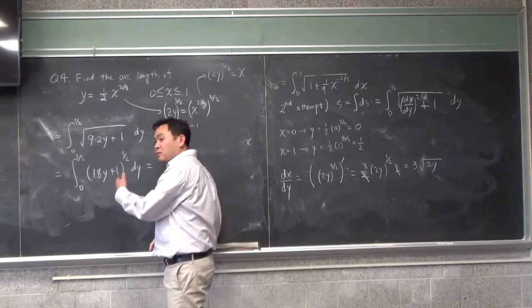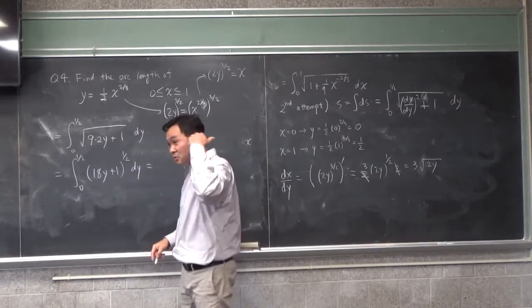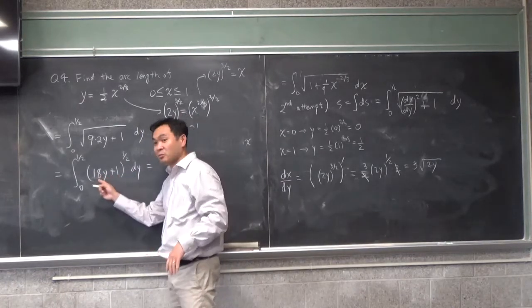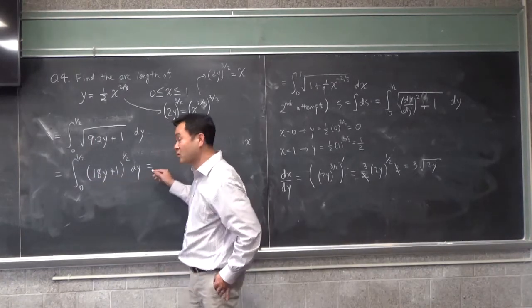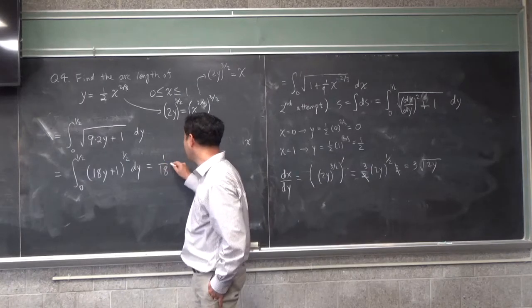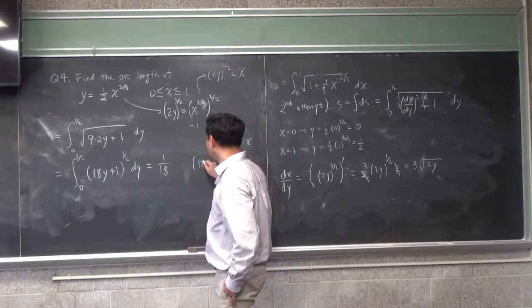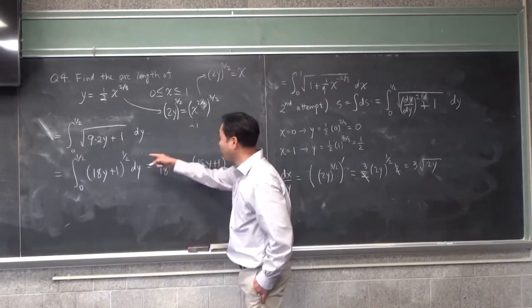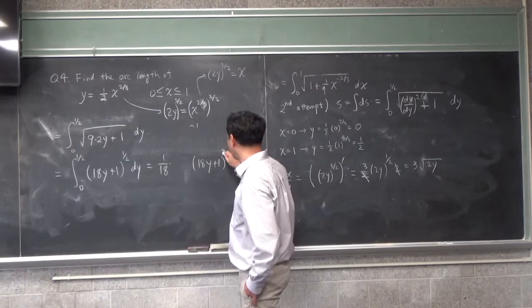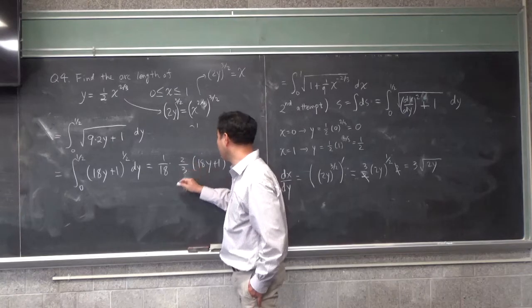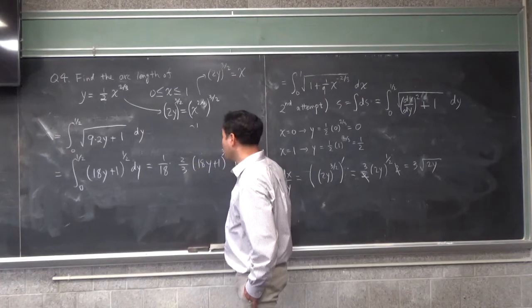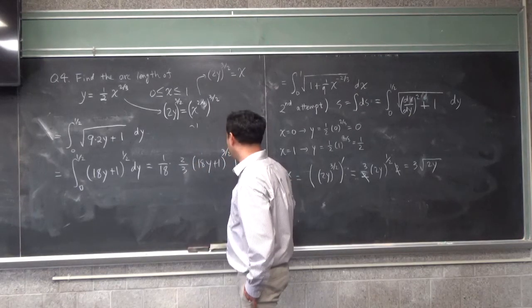And this is again the formula that we used in the first example, right? What does this 18 produce? 1/18. And then 18y plus 1, you add 1 to the 1/2, so it's 3/2. Put the reciprocal, 2/3. And then you have to plug in 1/2 and 0.